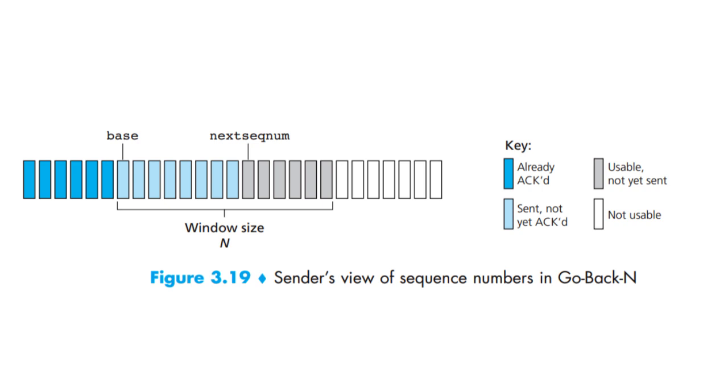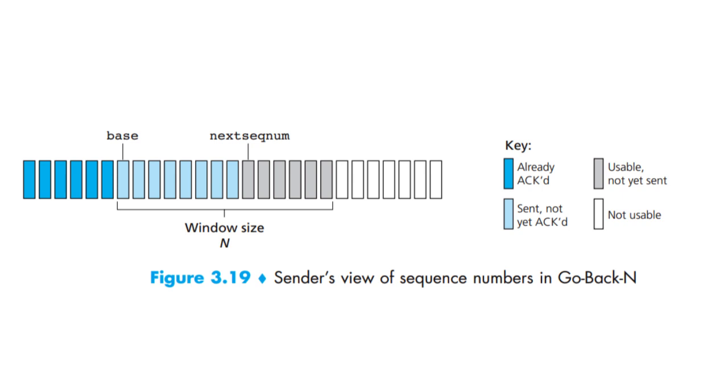The interval [base, nextseqnum-1] corresponds to packets that have been sent but not yet acknowledged. Sequence numbers in the interval [nextseqnum, base+N-1] can be used for packets that can be sent immediately, should data arrive from the upper layer. Finally, sequence numbers greater than or equal to base+N cannot be used until an unacknowledged packet currently in the pipeline has been acknowledged.